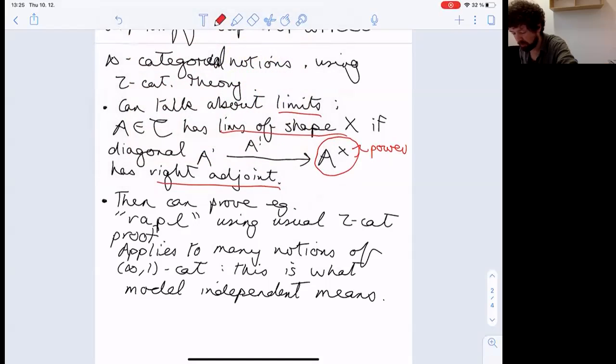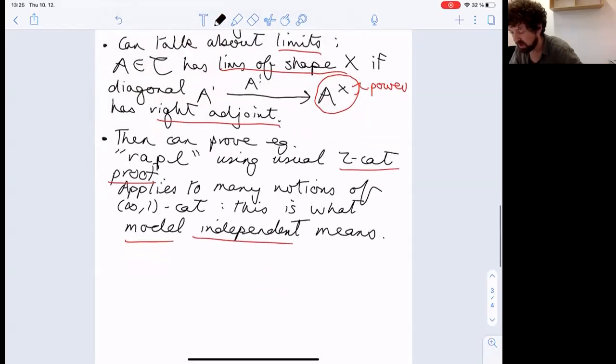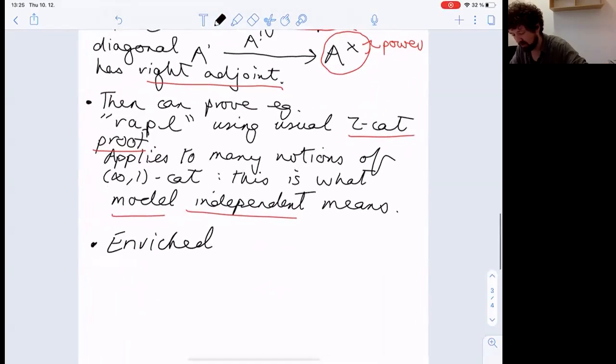So you can prove things in this setting that will apply to the different notions of infinity-1 category. So that's just a little bit of an overview of what infinity-1 categories are about.